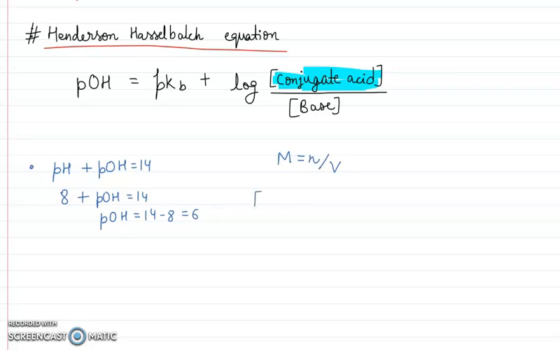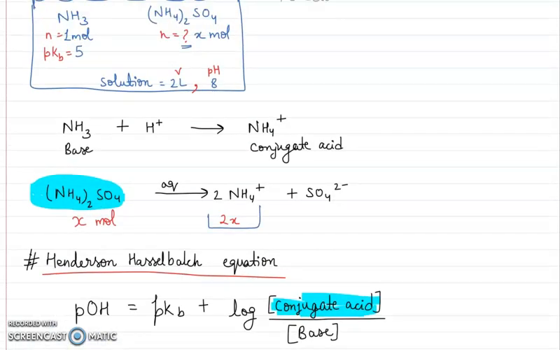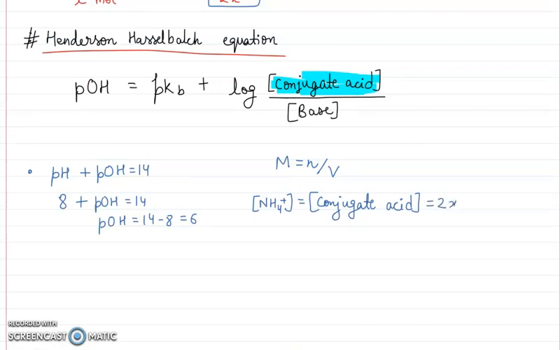For the conjugate acid, the ammonium ion, the number of moles we saw to be 2x, and the volume of the solution is 2 liters. So the 2 cancels out and we have X molar as the concentration of the conjugate acid, the ammonium ion.